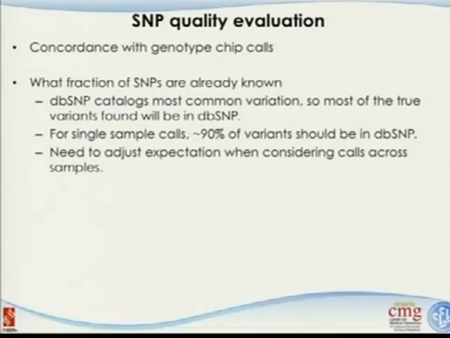What's the fraction of SNPs that are already known? If you identify 30,000 variants in exome sequencing, and you see 90% or 95% of them already identified in dbSNP or the 1000 Genomes Project, you are probably in the ballpark.